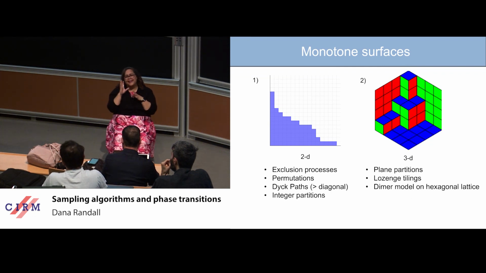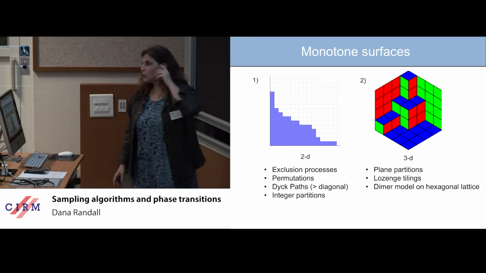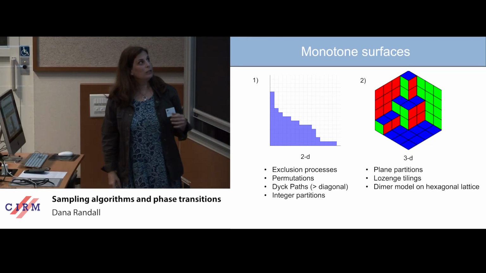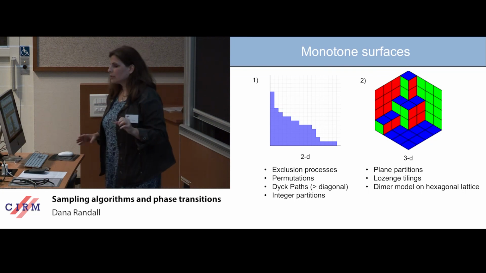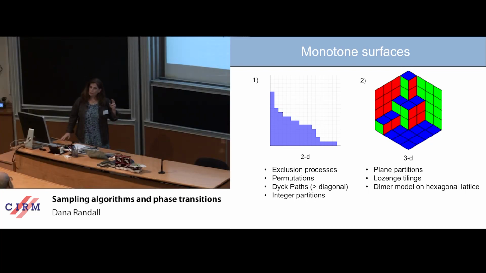These structures come up surprisingly often across problems. The path, which I'll spend the first part of the talk on, comes up in exclusion processes, permutations, and integer partitions. If that doesn't make sense, I'm going to show you in half a second. The surfaces, as I said, are lozenge tilings.